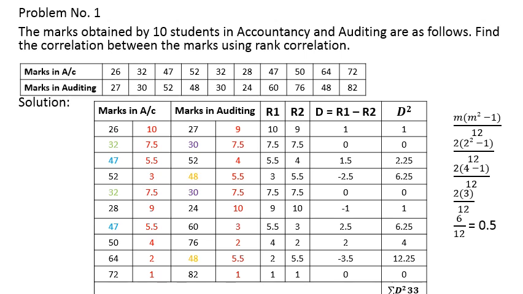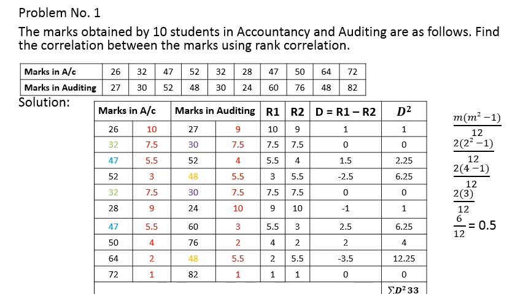Next highest is 47. You can see that the value 47 is repeated twice, indicated by the same color. When a value is repeated twice, you have to find the average of ranks.